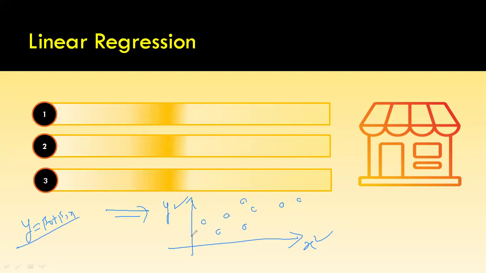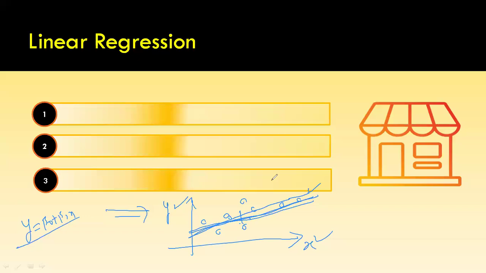When you draw a straight line, it should be as close to as many data points as possible. We could have drawn a line like this. This line seems to be good, because it is close to this one and this one, whereas this one becomes too far. So obviously this one looks good, right?